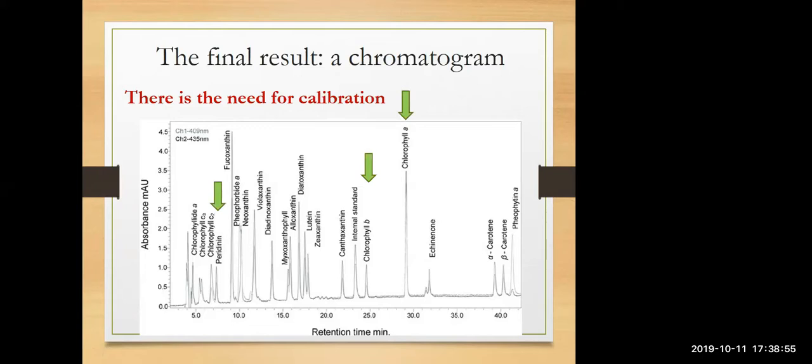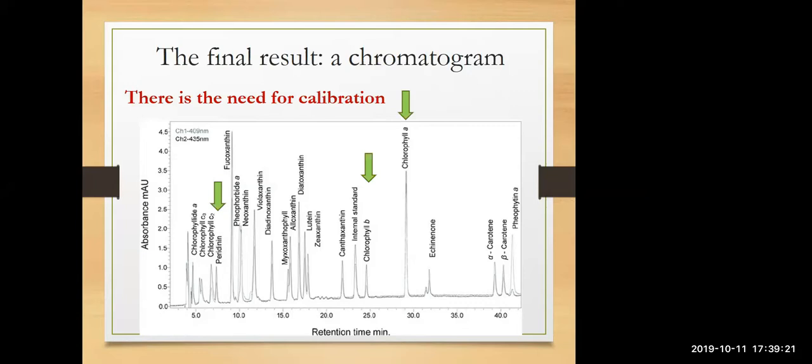It implies that the information given by the chromatogram has to be compared with a previous calibration of the equipment that needs the use of standards, as I also mentioned for fluorometers.